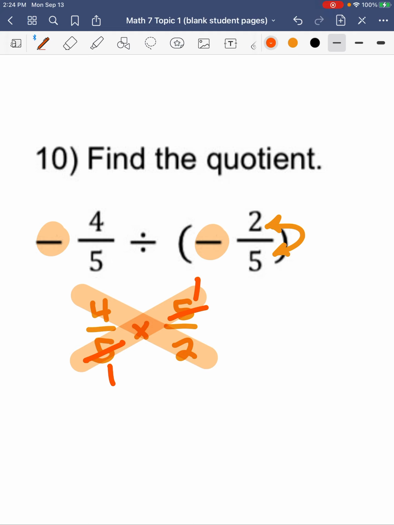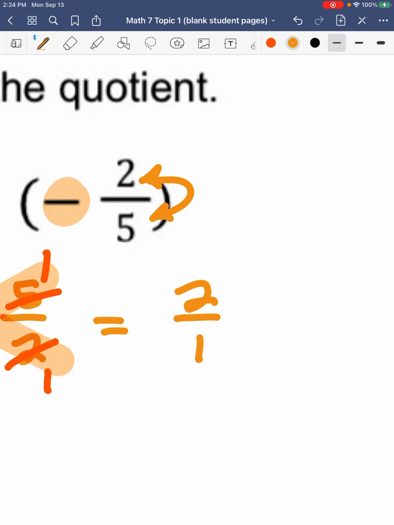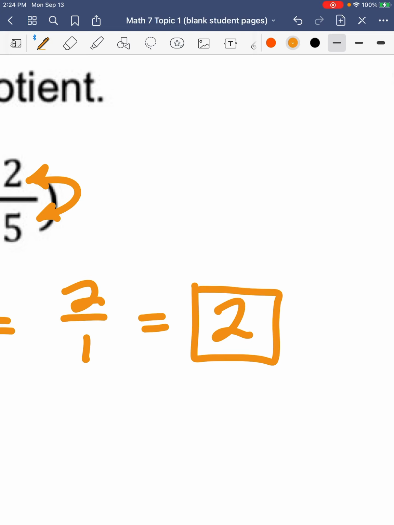Yeah, 2 goes into both of those. 2 goes into 4 2 times, and 2 goes into 2 one time. So now that I'm all reduced, I am ready to multiply. We know that 2 times 1 is 2, and then 1 times 1 is 1. 2 over 1 simplifies to simply 2. So our answer here is 2.